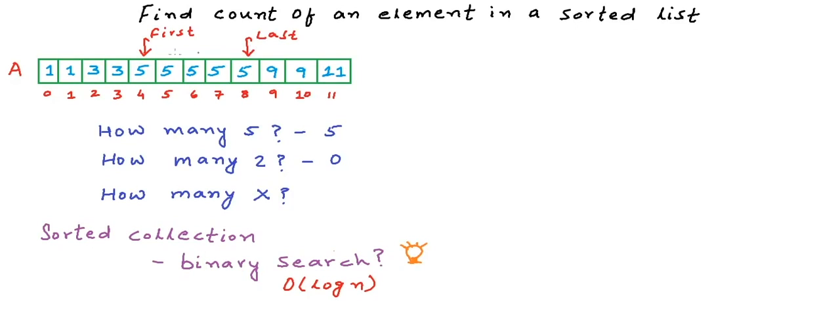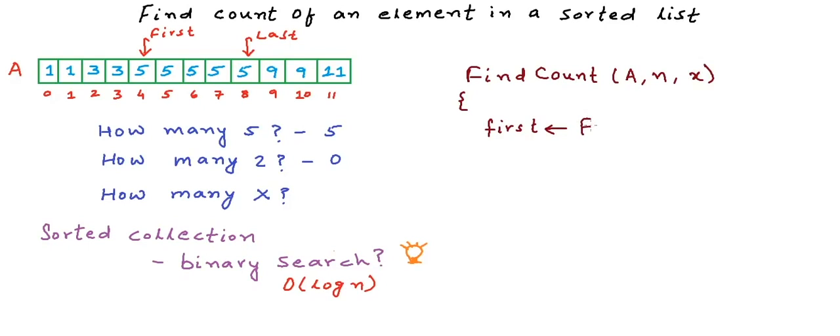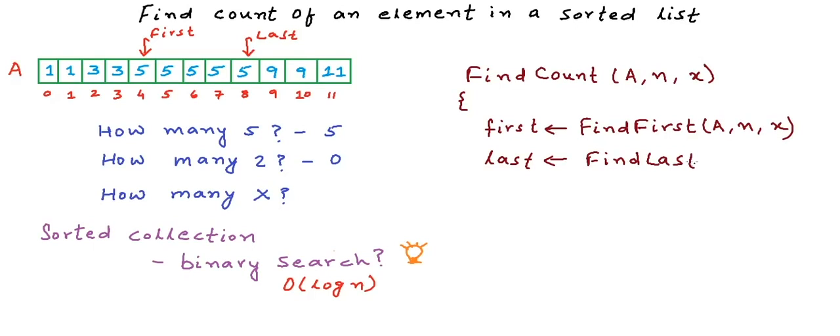And if we know the last and the first index at which the element occurs, then we also know the count of it in the array. So once again we will write a method find count that will take an array A, its size n, and the element x, and let's say we find the first occurrence of the element in the array using a method find first, which is a variation of binary search, and we will use another method call to another variant of binary search that will give us the last occurrence of the element in the array.